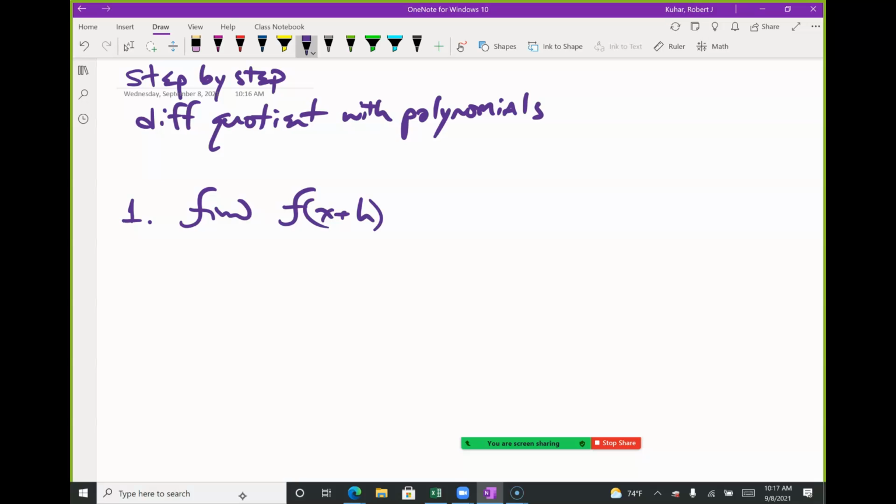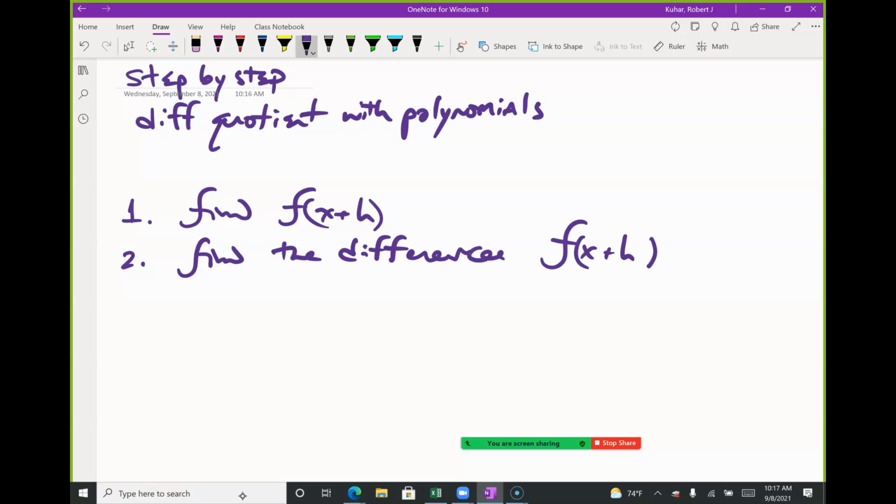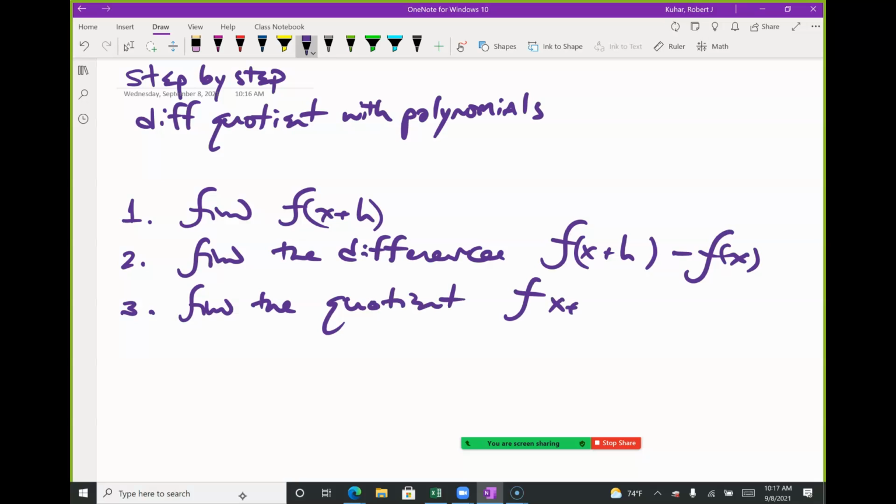And then I'm going to find the difference, and that is f of x plus h minus f of x. So I'm subtracting off the original function. Then I'm going to find the quotient, which is f of x plus h minus f of x all over h. And I want to factor and simplify.